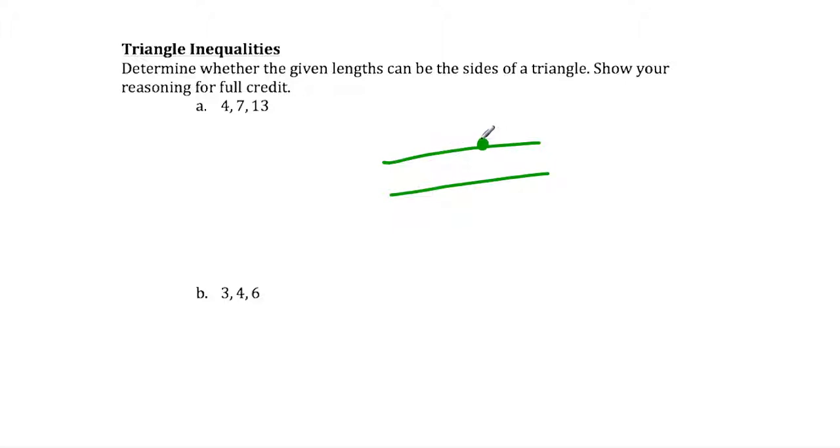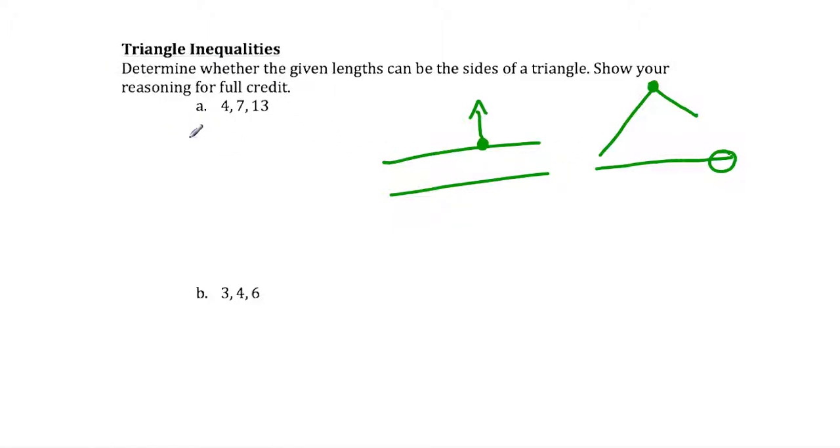However, if I take this and I pick this point and draw it up, now I have something that looks like this. Well, notice I couldn't make a triangle of this because I'd have excess space over here. So the only way for this to be a triangle is if these two sides added together are greater than this third side. And that's what a triangle inequality is.